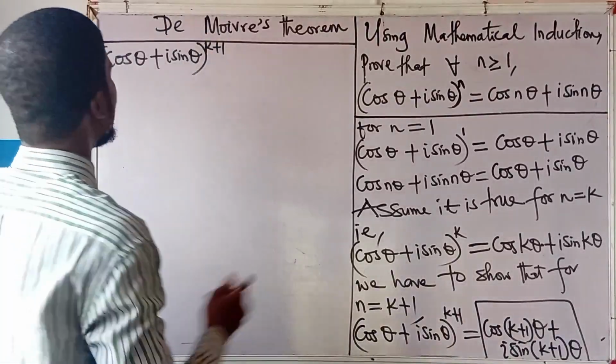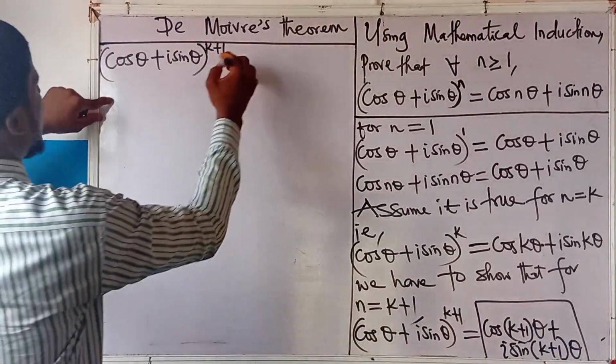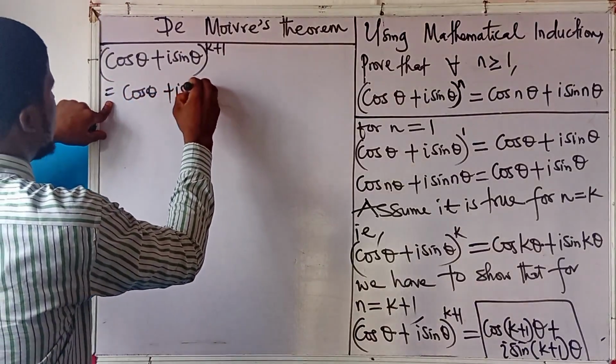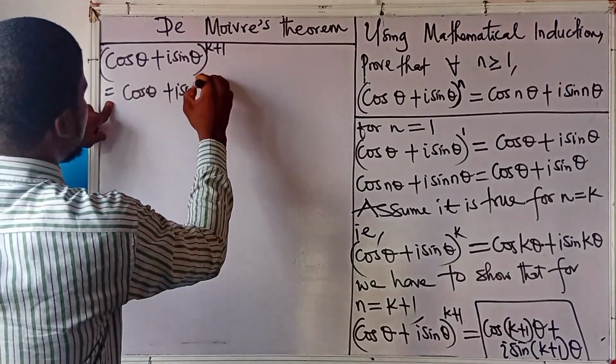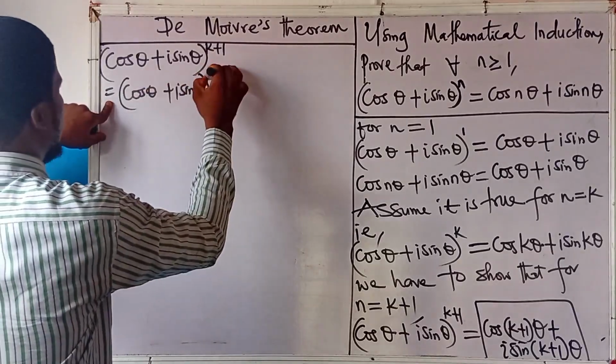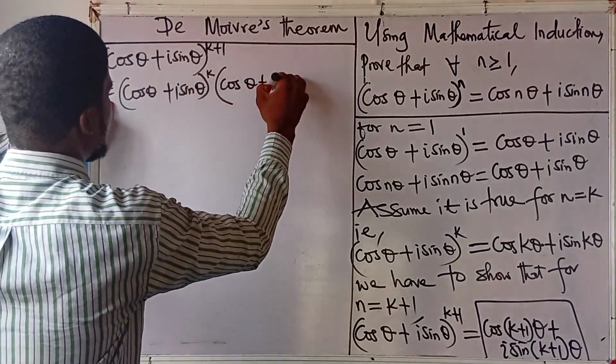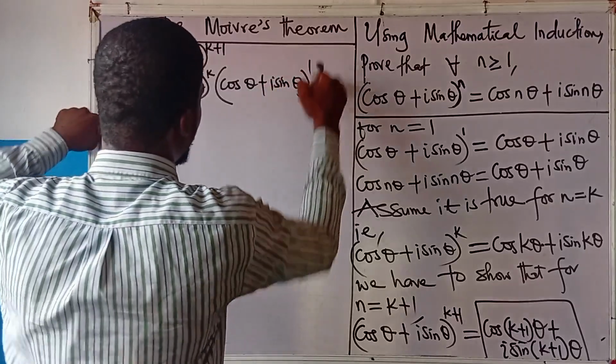By the law of indices, first of all, I can expand this to get (cos theta plus i sin theta) raised to power k times (cos theta plus i sin theta) raised to power 1.